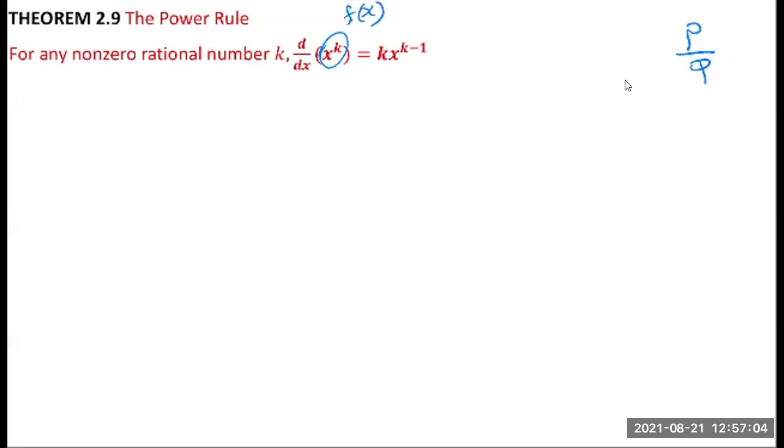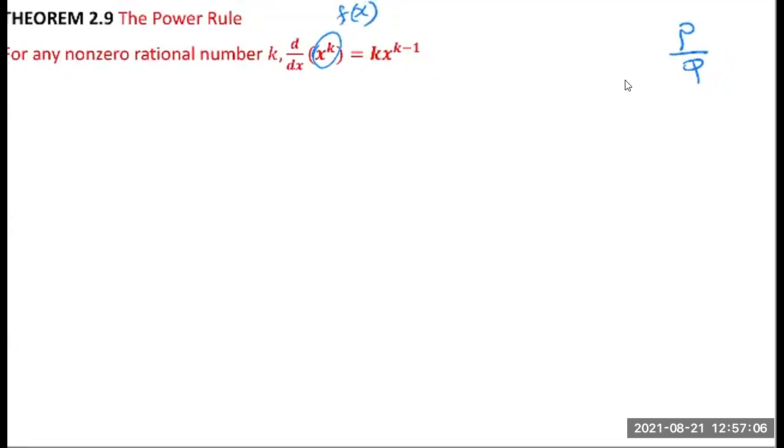All right. Next, I'm going to prove this rule for the case when k is a positive integer. The proof of this theorem for the case when k is a general rational number can be done using implicit differentiation. We will discuss that in the implicit differentiation section, but we will not be going over the proof, though I'll be giving some hints.